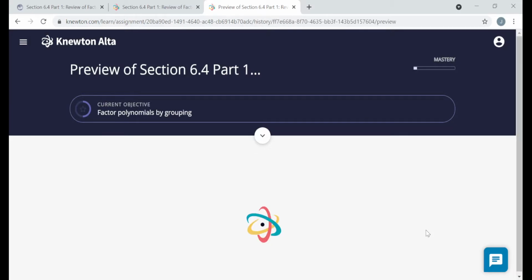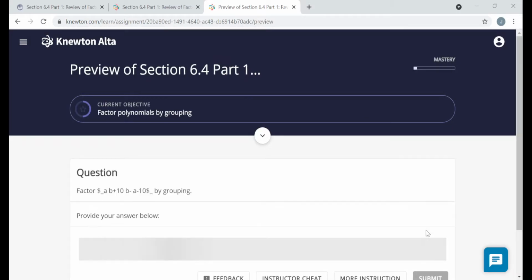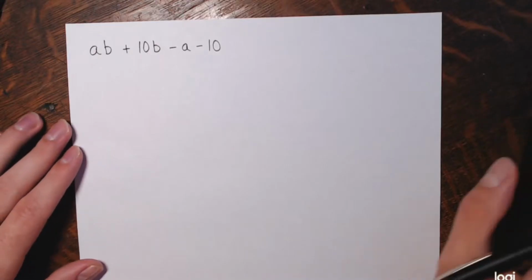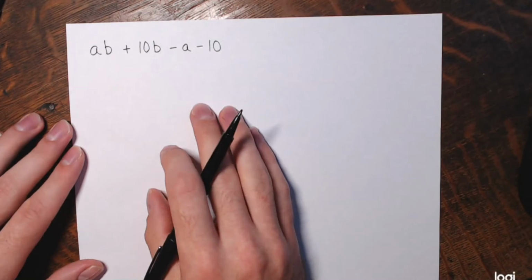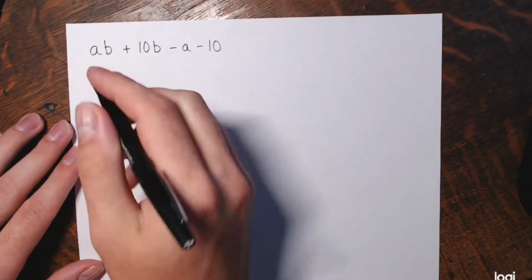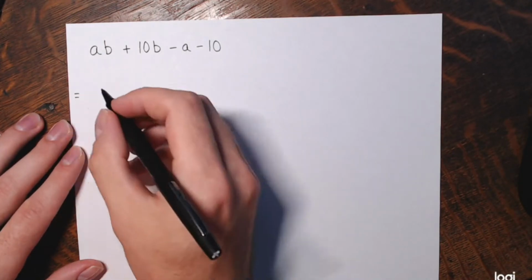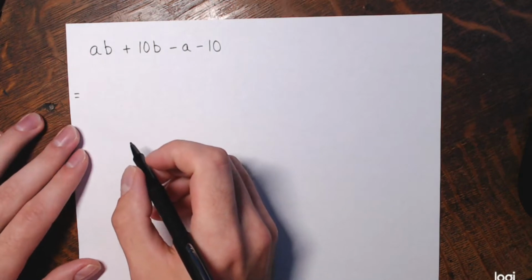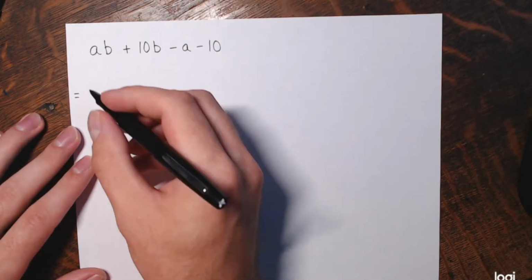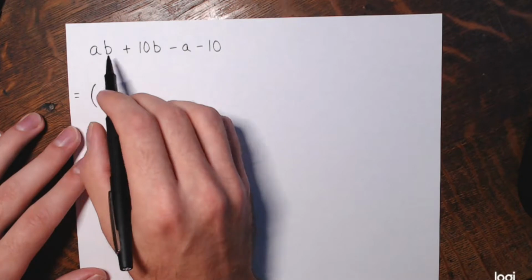All right. Another one where we're factoring by grouping. So I'm going to write this out and do it on paper. So yet again, we have a polynomial with 4 terms. So first I'm going to write it as a sum of 2 groups with 2 terms. First group will have the first 2 terms.